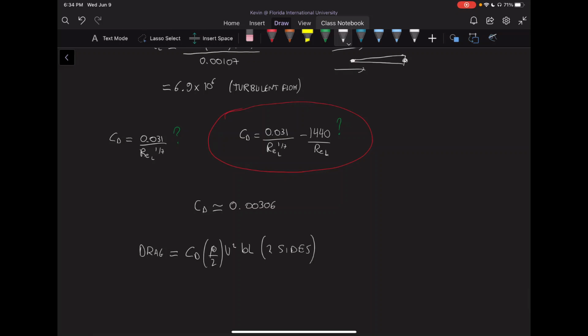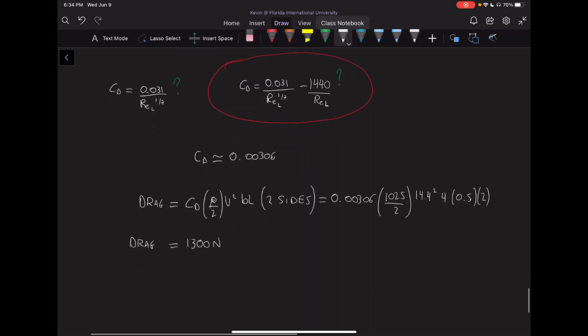So we have 0.00306 multiplied by 1025 over 2 multiplied by 14.4 squared times 4 times 0.5 times 2, which turns out to be equal to 1,300 newtons for the drag on the hydrofoil. Okay, so we have this value.